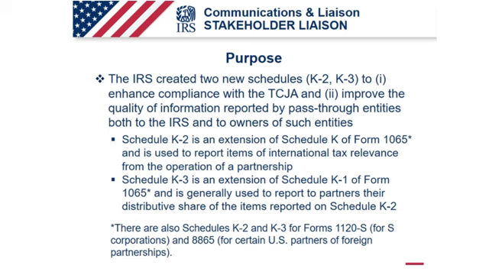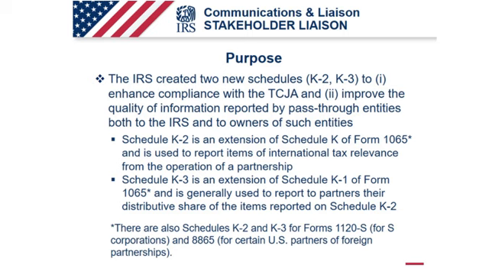Previously, almost all international tax information was provided in white paper format as part of Line 16, Foreign Transactions, and Line 20C, Other Items and Amounts on the Schedule K-1. The new schedules, K-2 and K-3, will increase international tax information provided in an electronically filterable format.